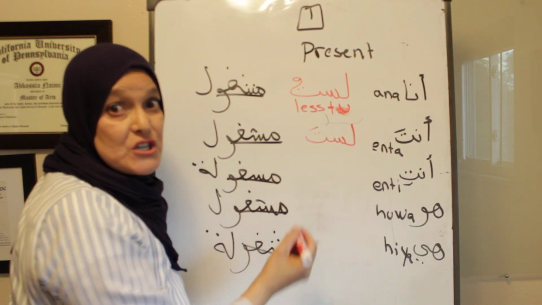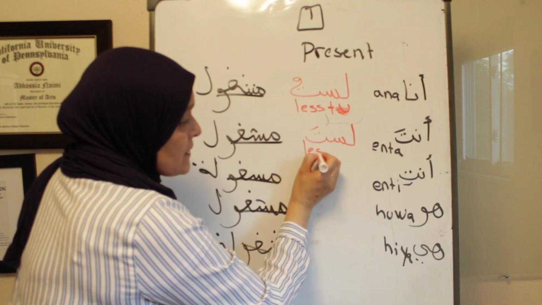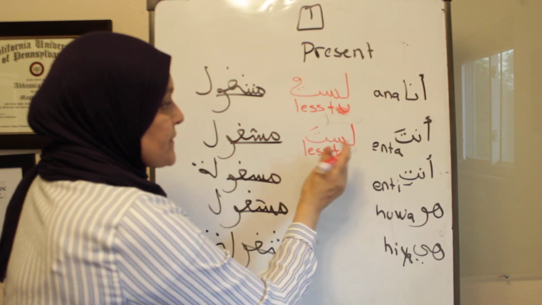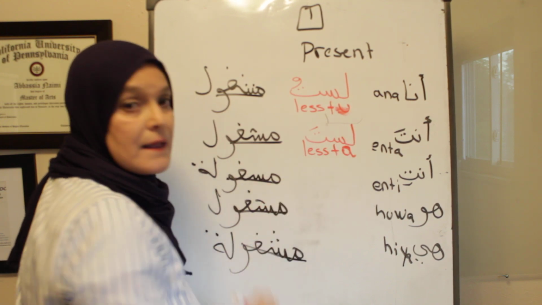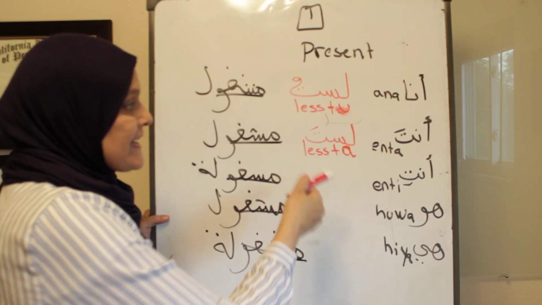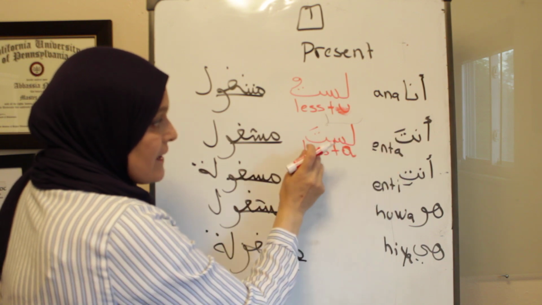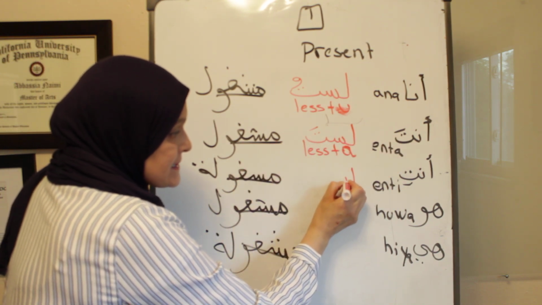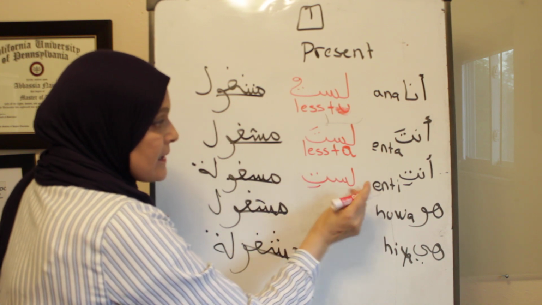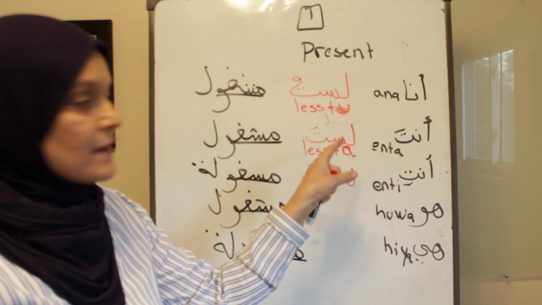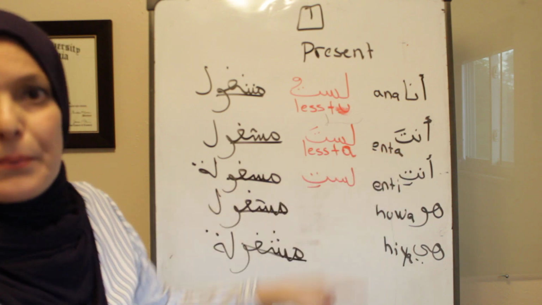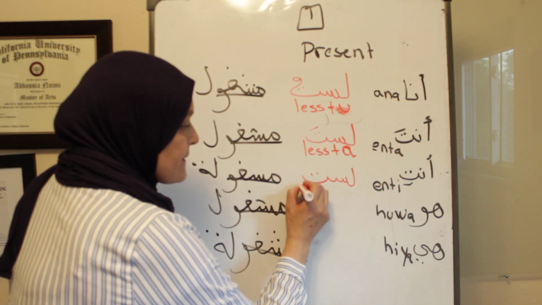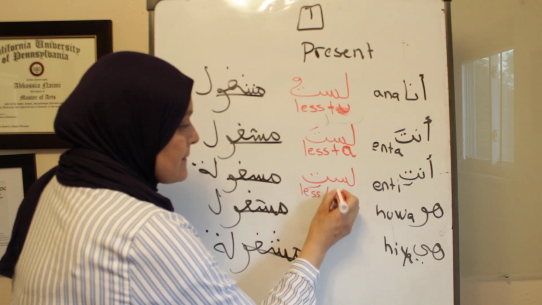As you can see, it is less and to. أنت لست مشغول. So for أنت it is going to be لست, which connects to rhyme with the pronoun. أنت لست. أنتِ لستِ.